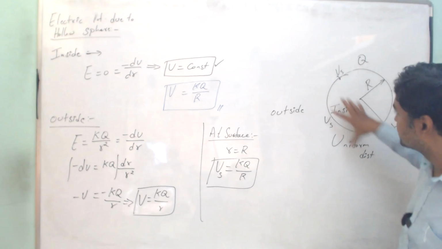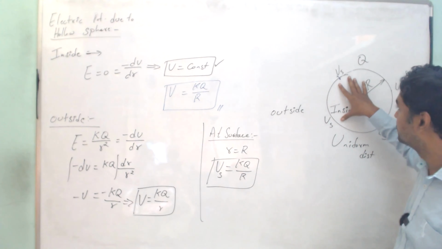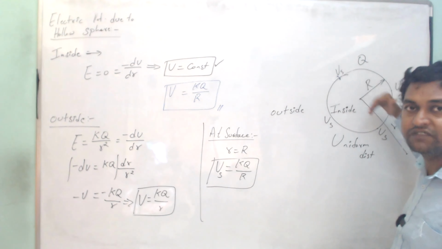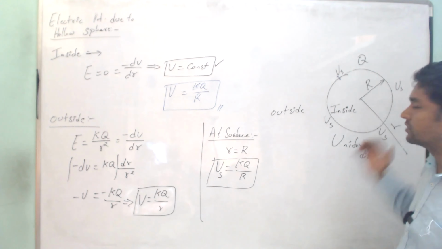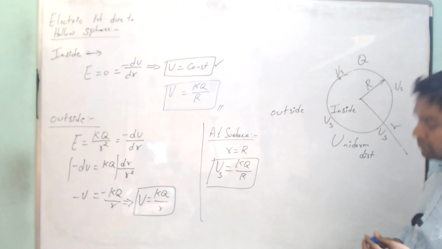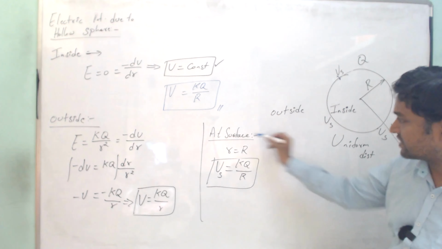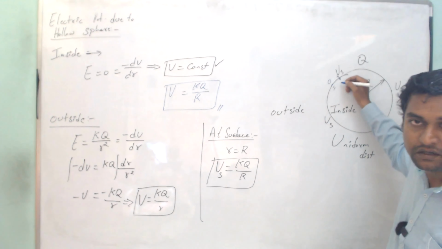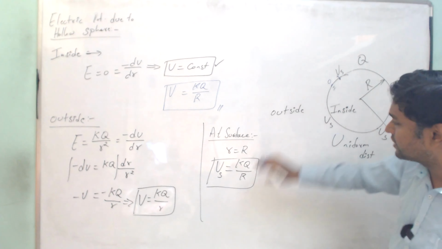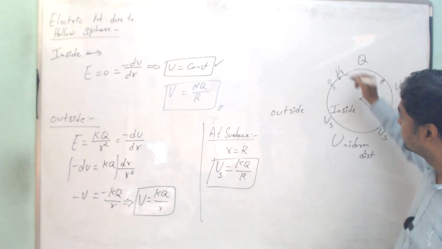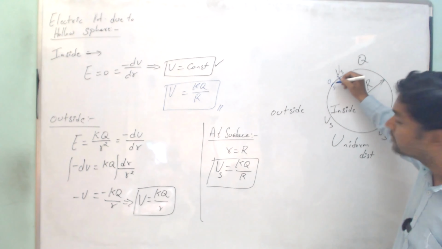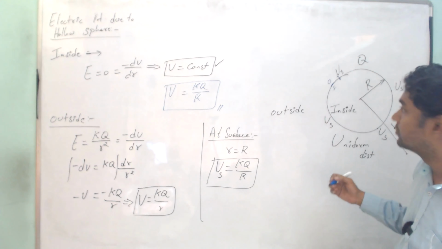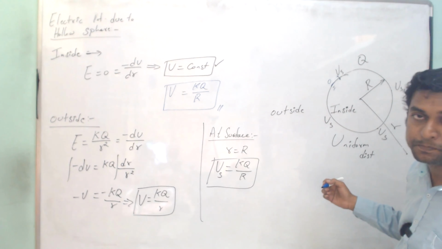Because everywhere inside is constant, whatever is there at the surface, it will carry on the same value. That's the whole point. Only the surface part is in between inside and outside. That surface part I found out as KQ by capital R. So you're telling that if you move a very little inside, that is very negligible, so it will have the same value inside.